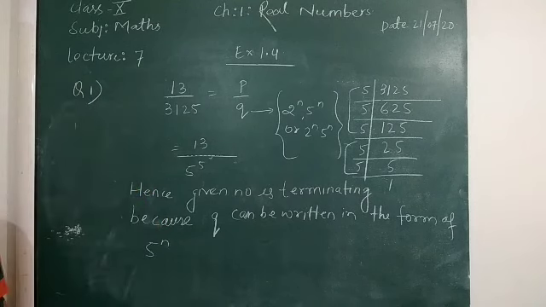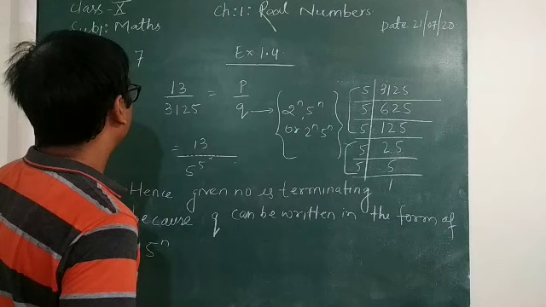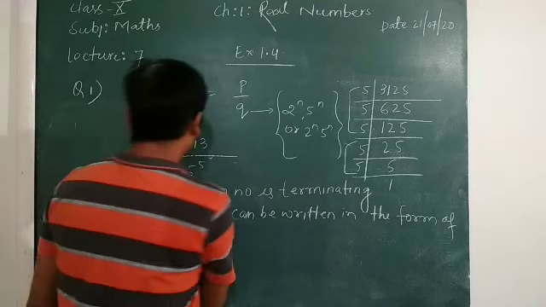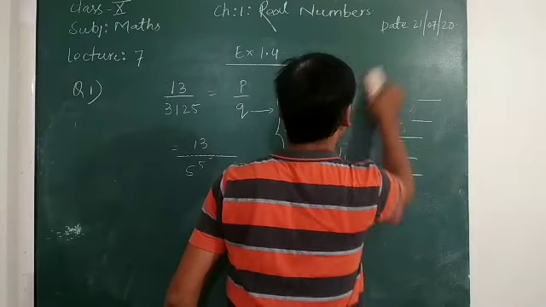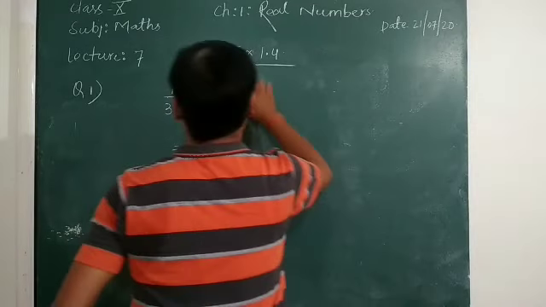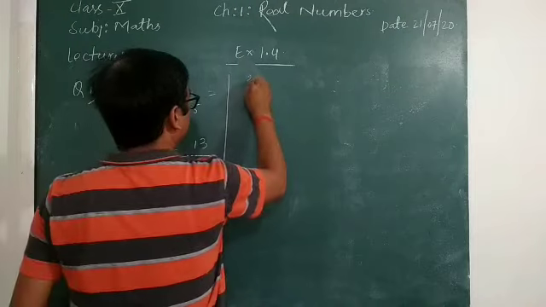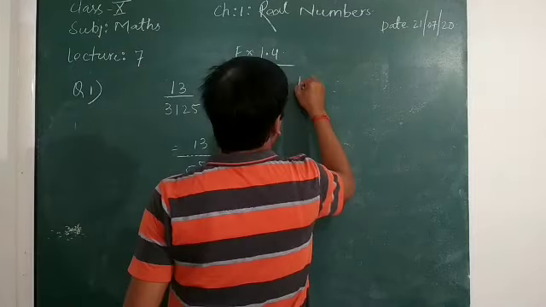Now option second of the same question. The second option is 17 upon 8.